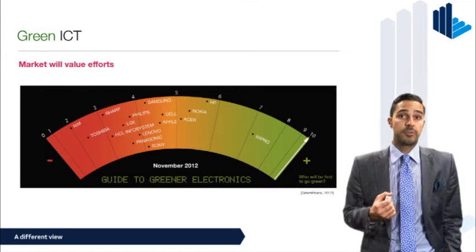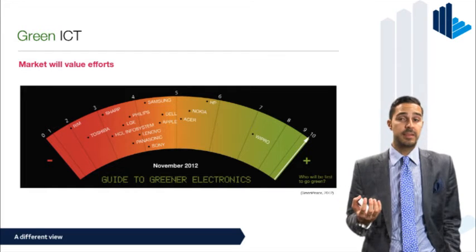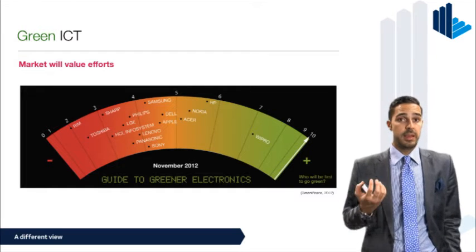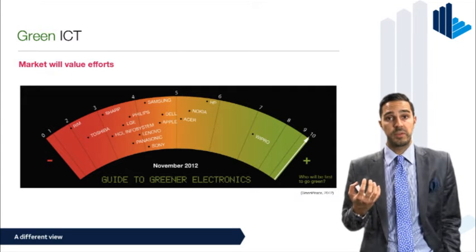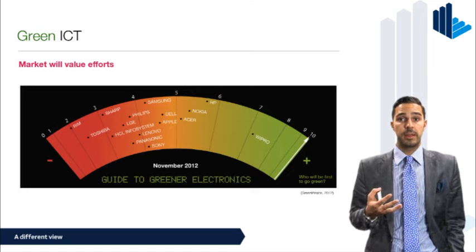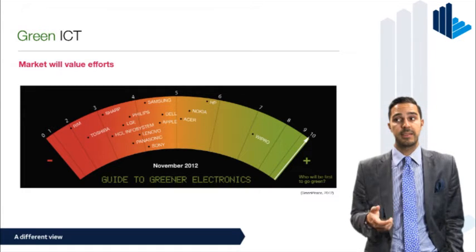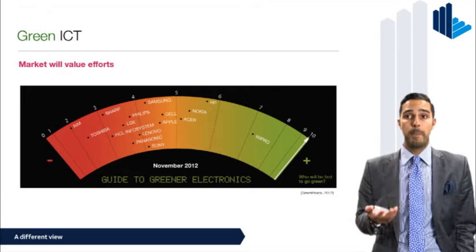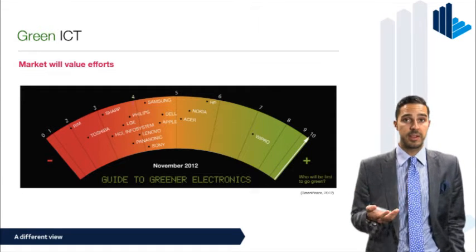What is important to note is that the market is today able to understand the value of sustainability. So, for example, easily you can find rankings of ICT companies based on environmental criteria.